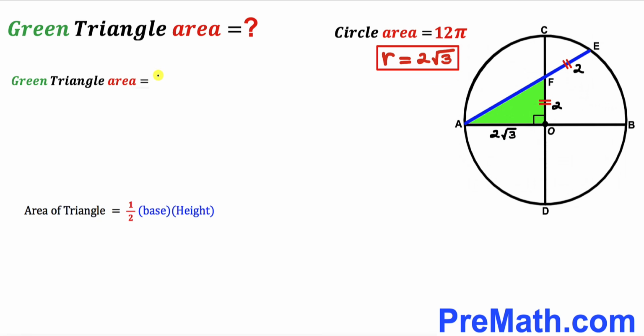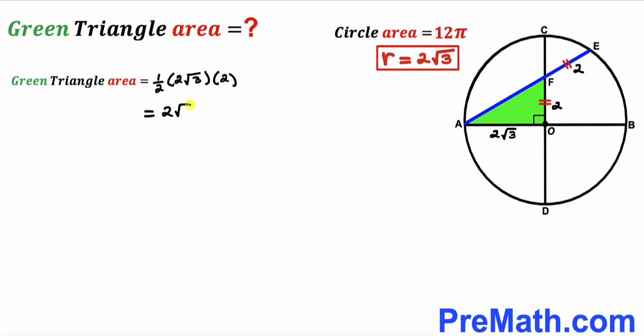So thus this green shaded triangle area is going to be a half times 2 times square root of 3 times 2. And if we simplify and multiply, that is going to give us 2 times the square root of 3 square units, the area of this green shaded triangle AOF.